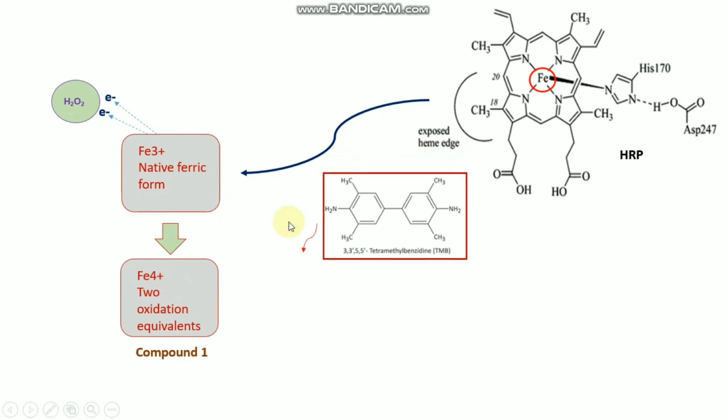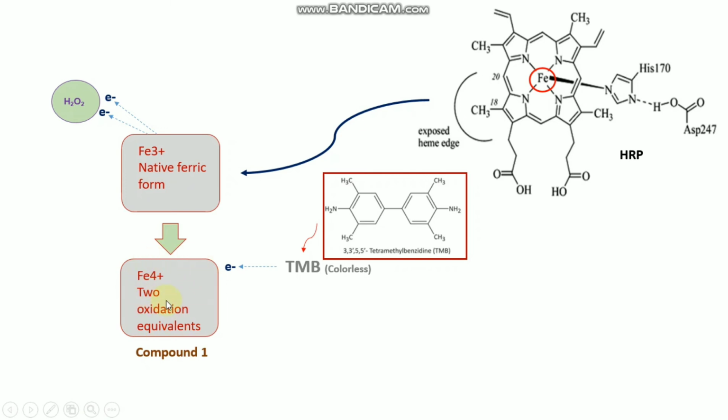Then the TMB that we add as substrate B is usually colorless, but the main function of TMB is as a reducing agent, so it donates electrons to this compound.